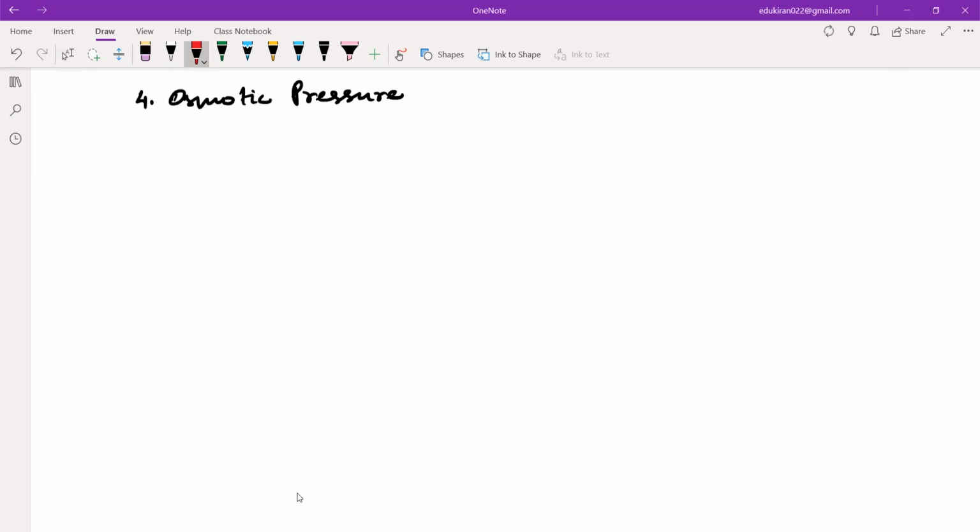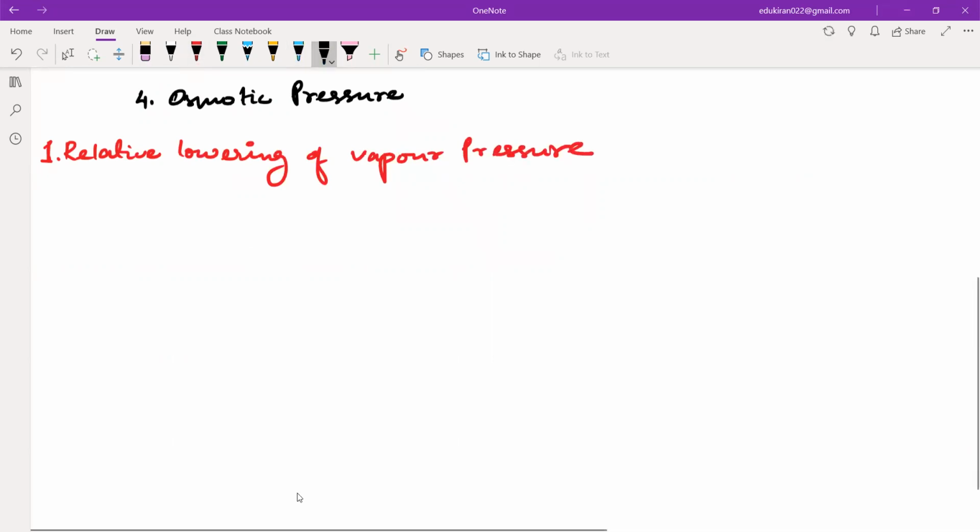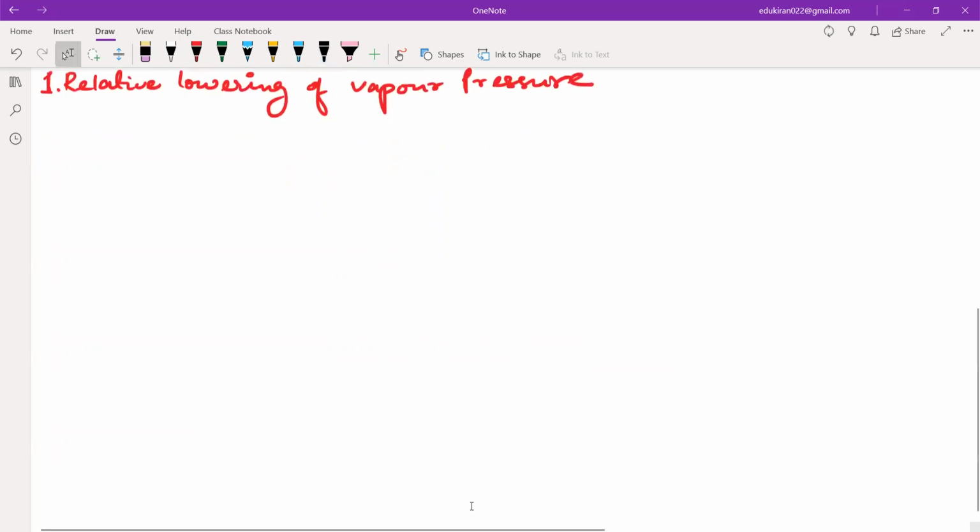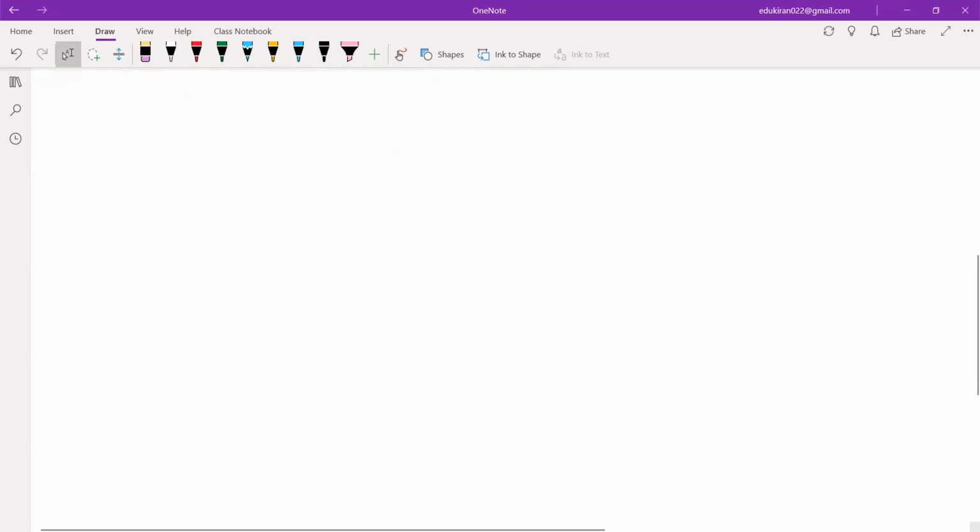Okay, so the thing is the relative lowering, first one. Relative lowering of vapor pressure. Okay, now before writing anything, let me explain what is the relative lowering of vapor pressure.